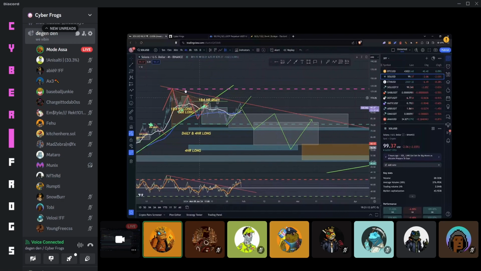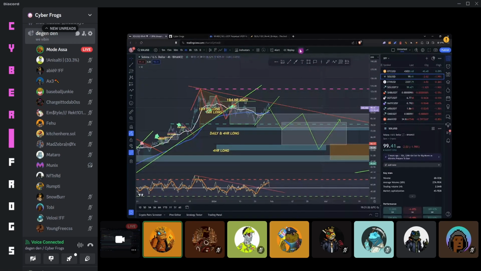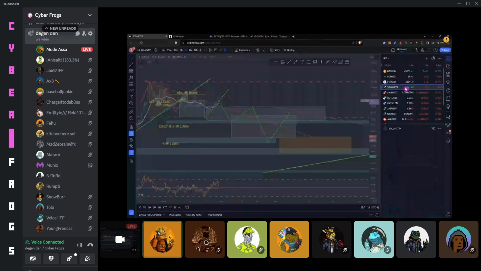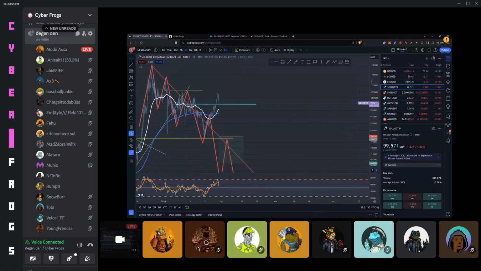Now, how do we know when to move our line? Well, the downtrend was right here. How do we know when to move it up, right? The trend is your friend until the end.